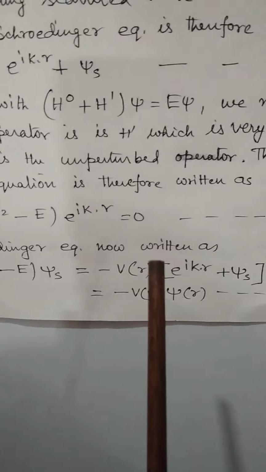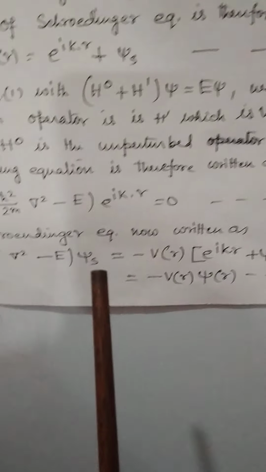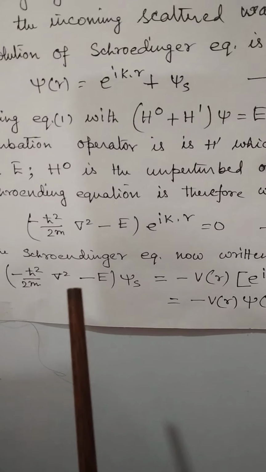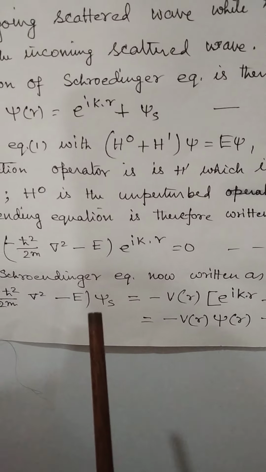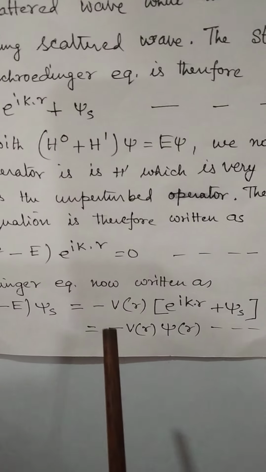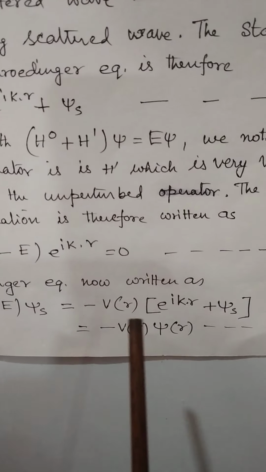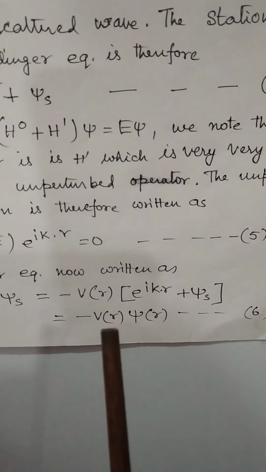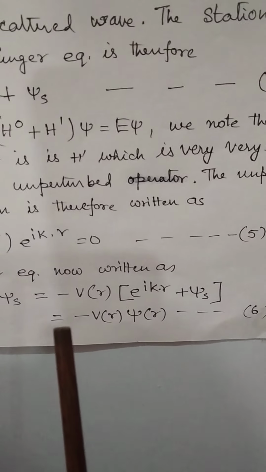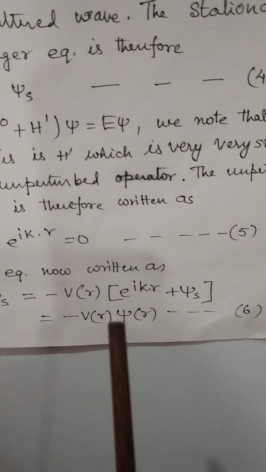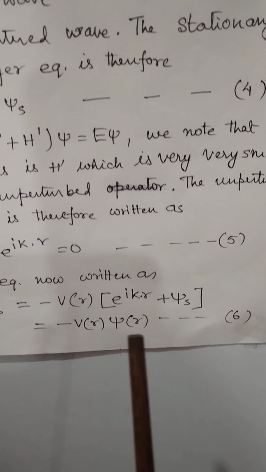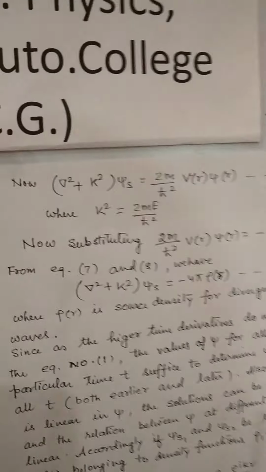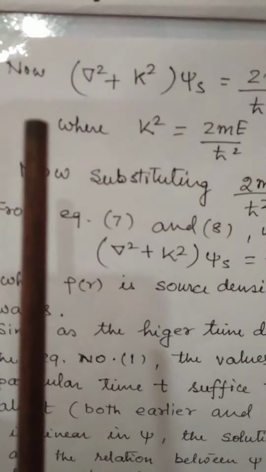So the Schrödinger equation now can be written as [-ħ²/2m ∇² - E] ψs equal to -V(r)[e^(ik·r) + ψs]. Now we can write this equal to -V(r) multiplied by ψ(r), which is represented as equation number 6.